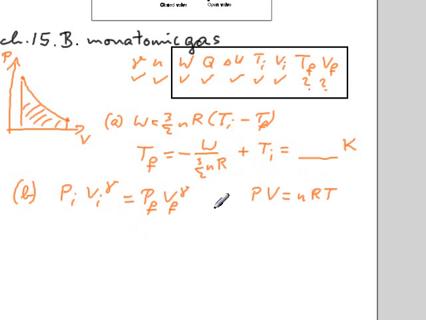But there's a second way of doing it, because the ideal gas law is applicable at all times anyway. Notice that for the initial part we have the initial volume, we have the initial temperature, we know it's 1 mole, and so all we need to do is solve for pressure.